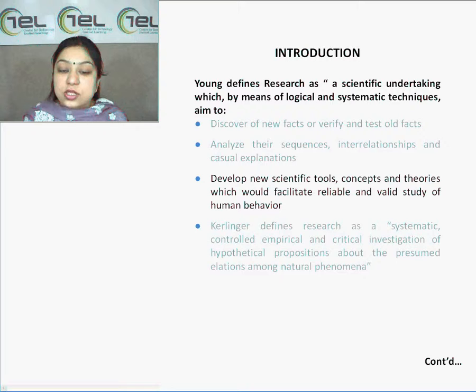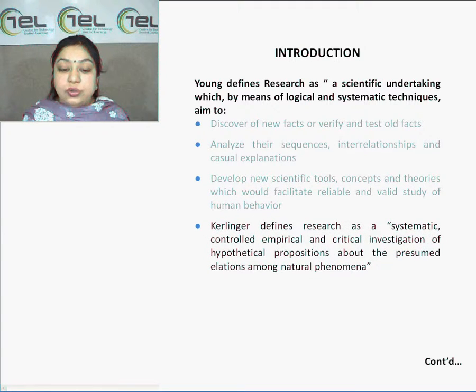Research also helps in developing new theories and concepts which are more reliable and can be validated on the basis of human behavior. You can go through the various methods which we have already studied, like observation, personal interviews, and then you try to study the attitude of human behavior, and then you can conduct the research.